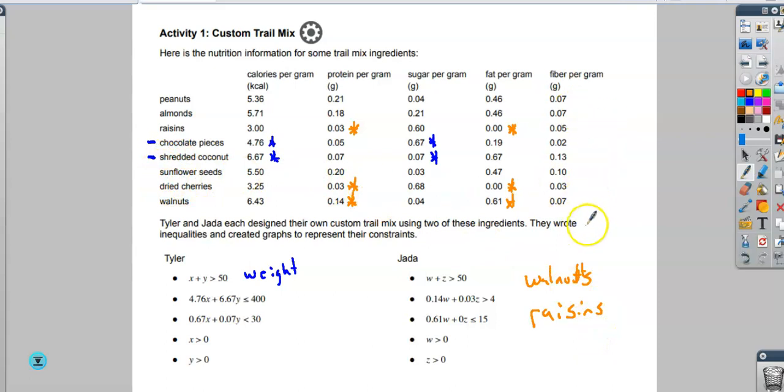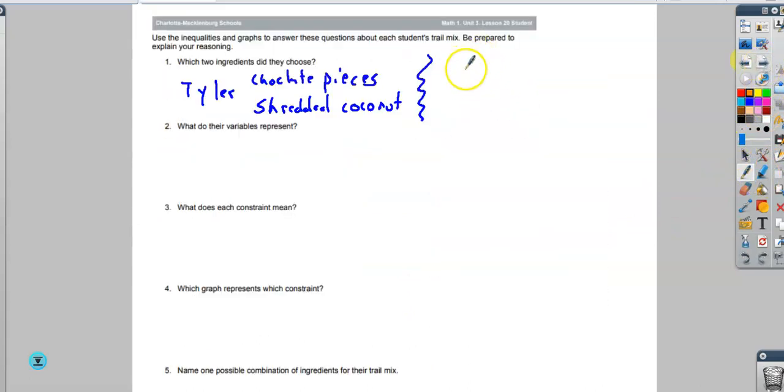Could be either. Who knows? Okay, so going back to where you're answering, you would say that, is it Jada? She is making it with walnuts and raisins, or maybe cherries.